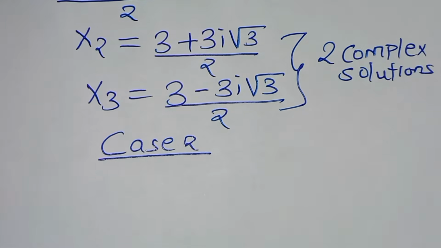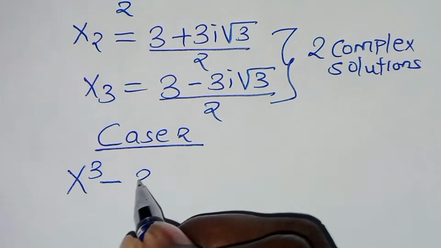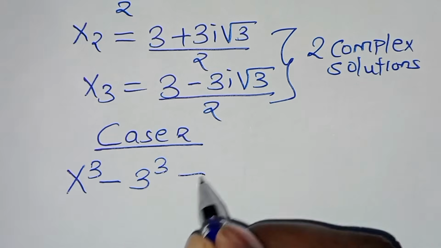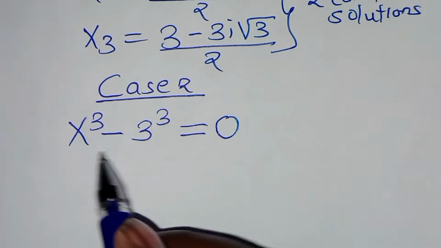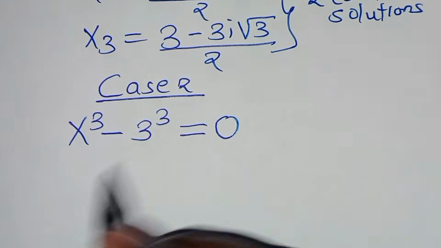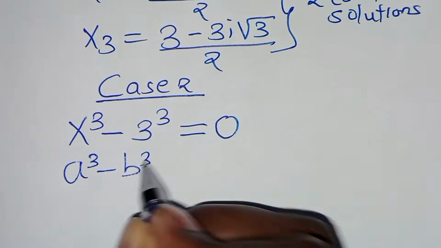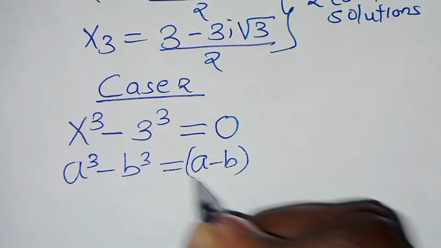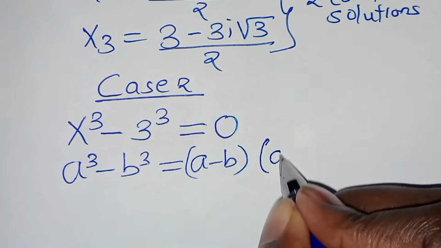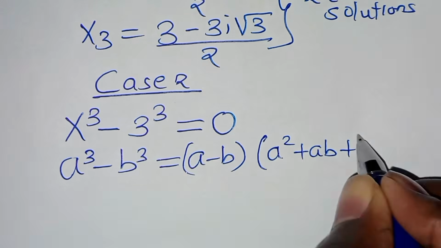In case 2, we have x to the power 3 minus 3 to the power 3, and this is equal to 0. This is the difference of two cubes, which we can express as a to the power 3 minus b to the power 3, which we can express as a minus b, a squared plus ab plus b squared.